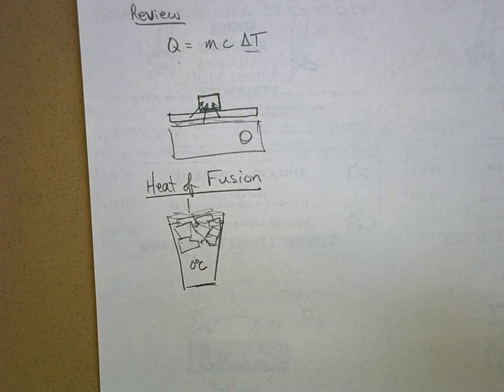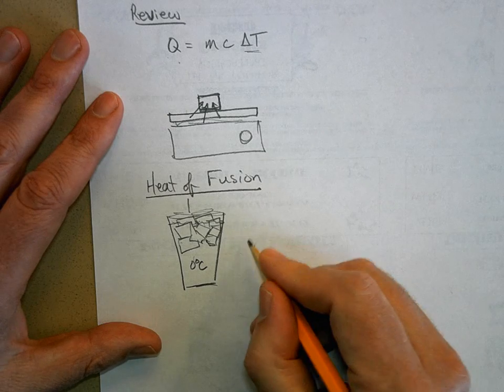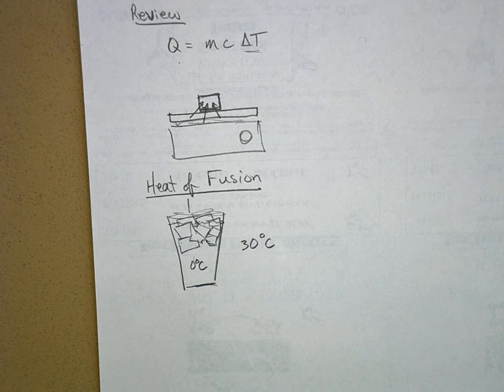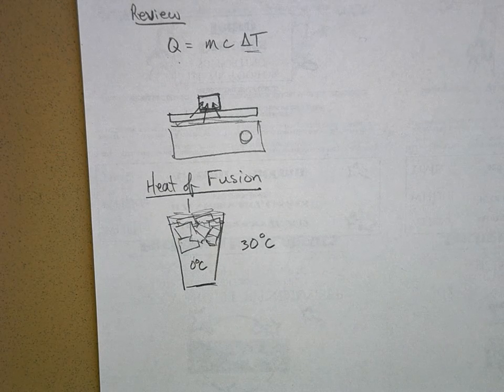But maybe outside, if you go outside and maybe it's on a warm day, maybe it's 30 degrees Celsius. That's actually fairly warm. Okay, not the hottest day like we get here in Clovis, but pretty warm.